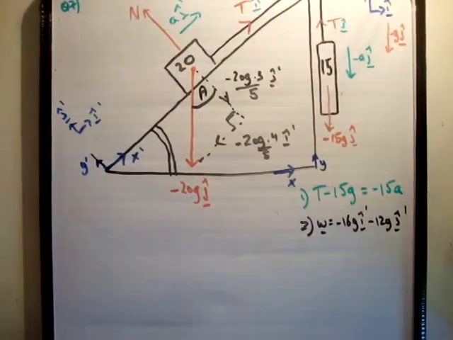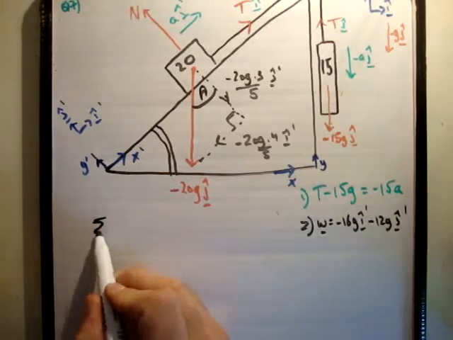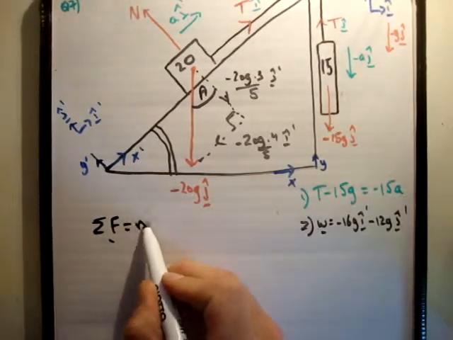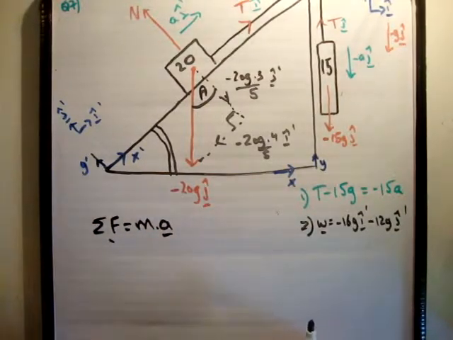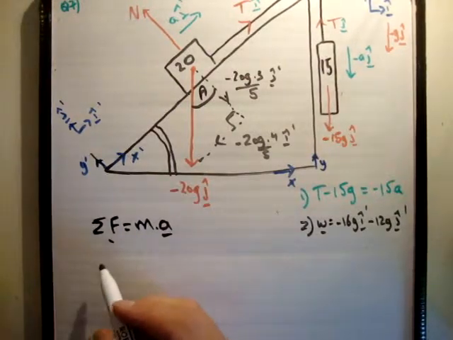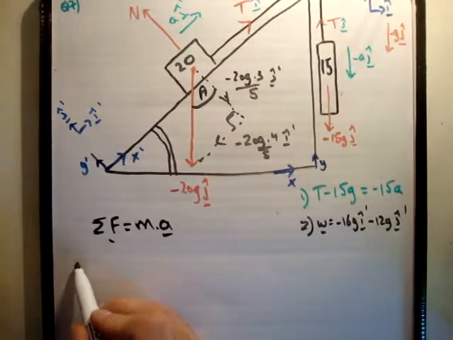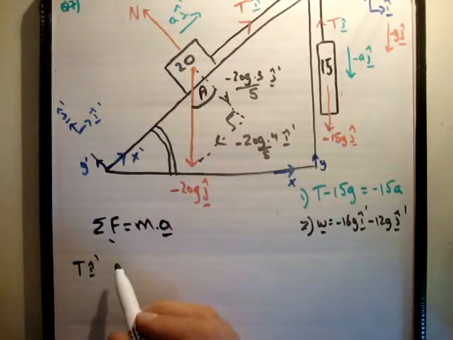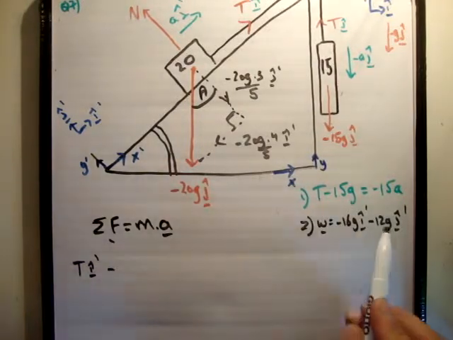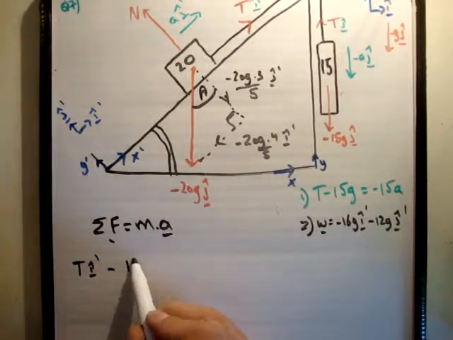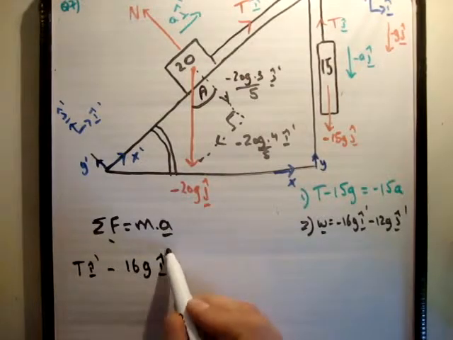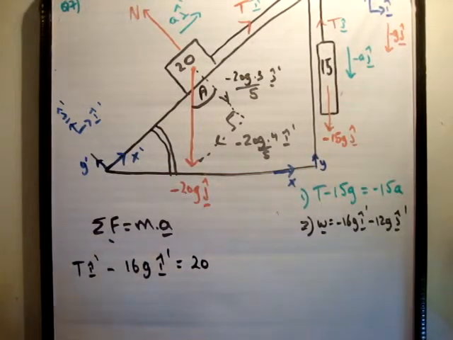Now let's finally go back to Newton's second law: the sum of the forces is equal to the mass times the acceleration. In the i hat prime direction, you're going to get T i hat prime minus 16g i hat prime is equal to the mass, which is 20, times the acceleration.